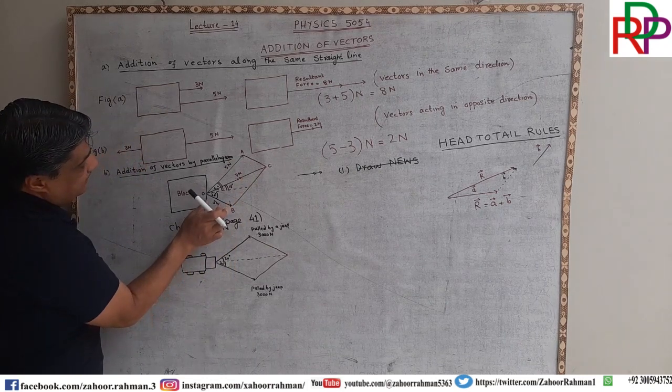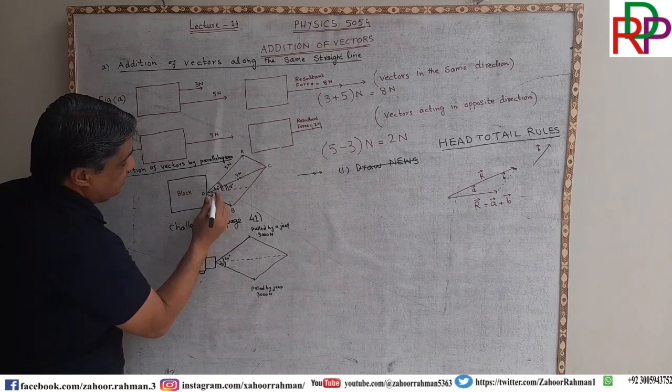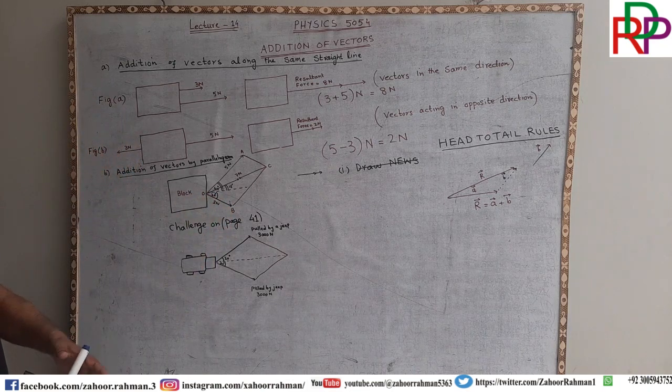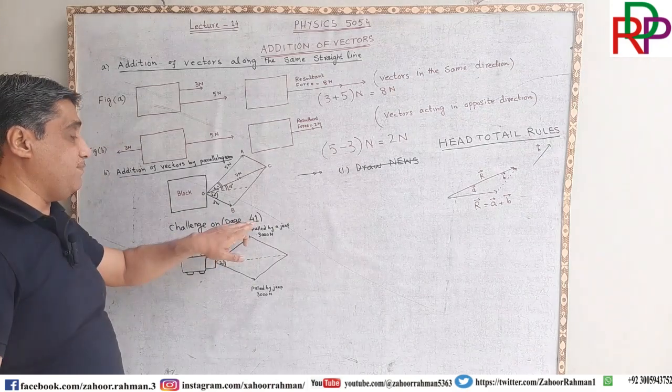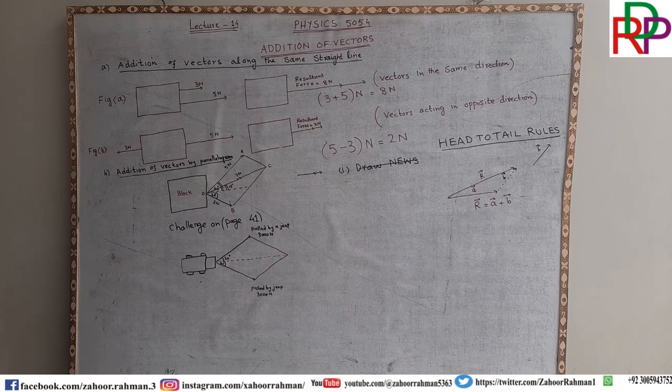But the second one is known as the 3 Newton force, which is of 20 degrees. And this is given, ladies and gentlemen, on page number 41 of your book. Now this is called addition of vectors by law of parallelogram.